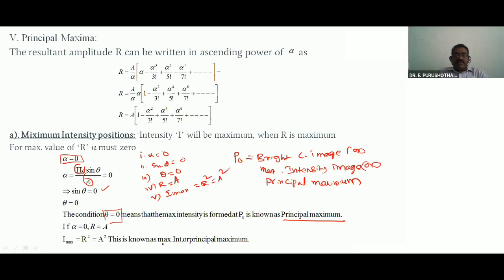This is the maximum intensity, or principal maximum conditions. What are the principal maximum conditions? Alpha is equal to 0, sine theta is equal to 0, or theta is equal to 0. Then we get maximum intensity, that is R square is equal to A square. These are the principal maximum conditions.